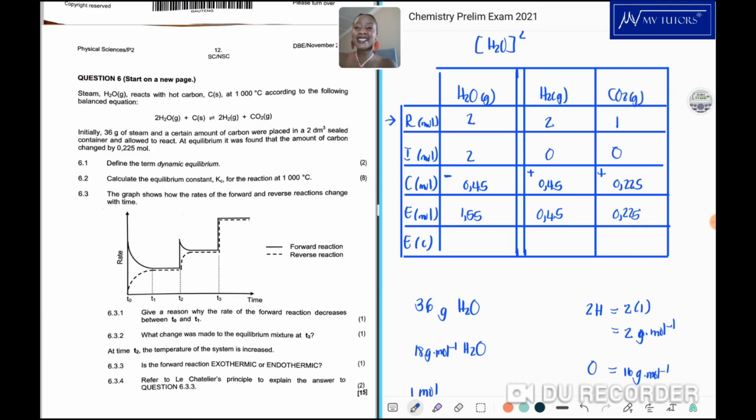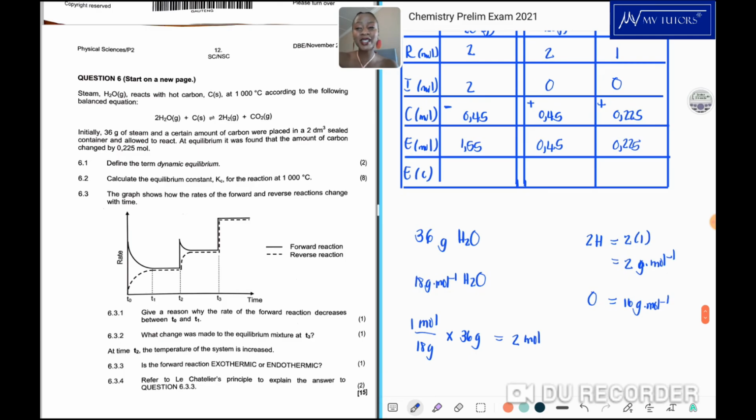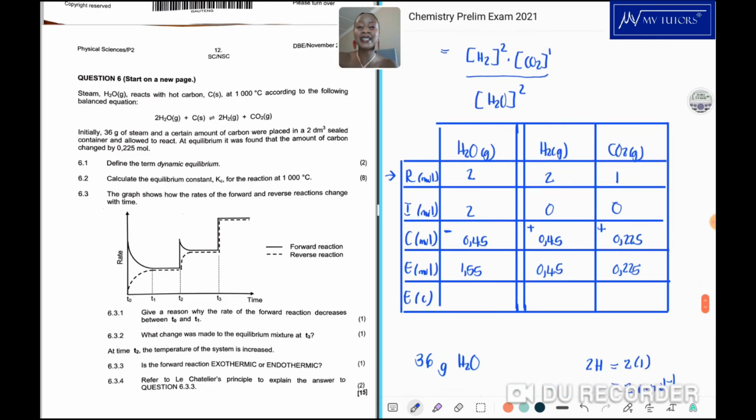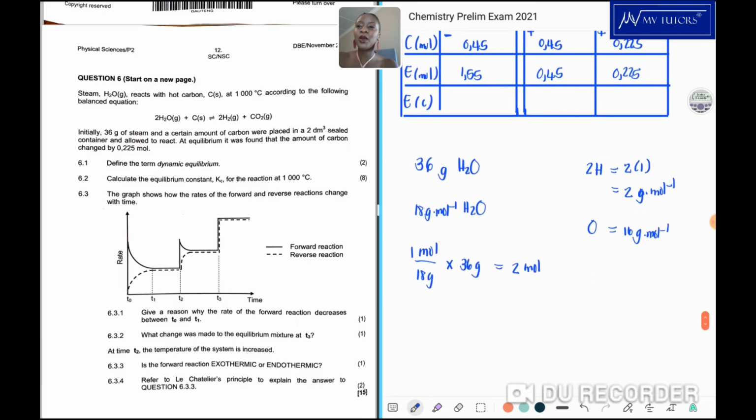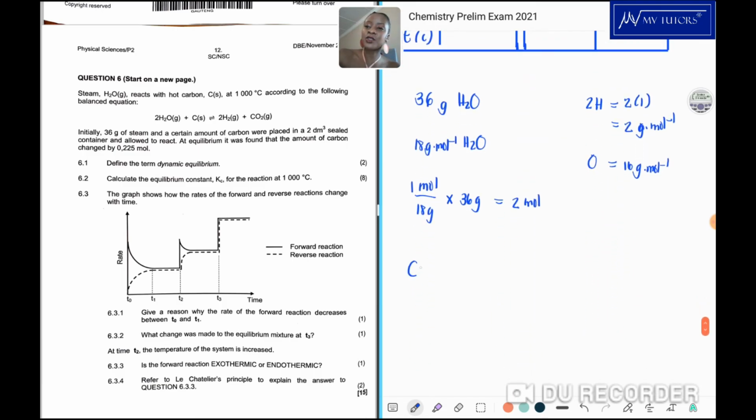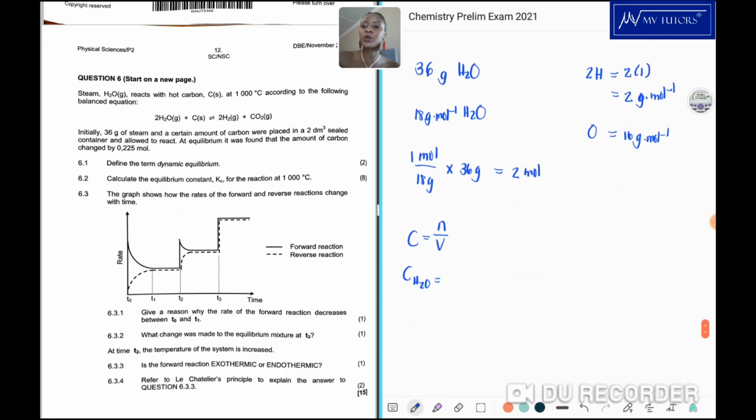Now we need to get the concentration because we need that to calculate our equilibrium constant. With steam, remember concentration is number of moles over volume. The number of moles I have at equilibrium is 1.55 mole.